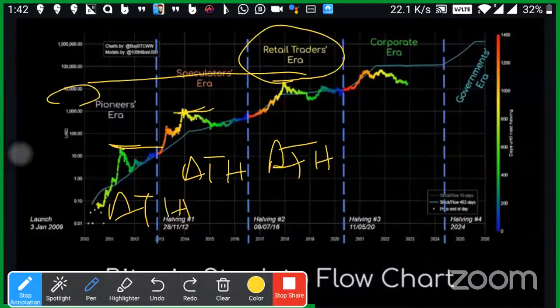You can eat at the restaurant, you can go to a shopping mall and pay in the form of Bitcoin, right? So this era is called the retail traders era. And even the online merchants, even the online shopping malls, started to accept Bitcoin as a mode of payment.